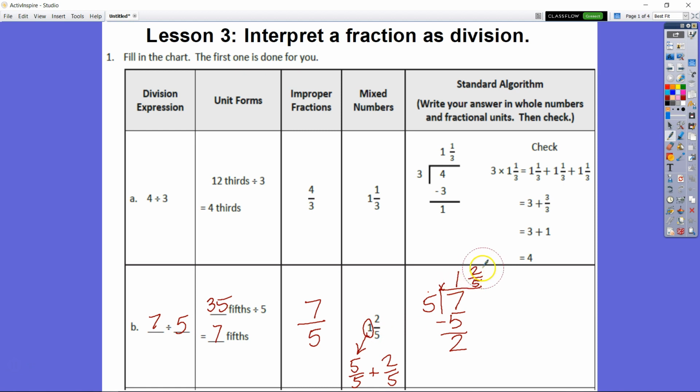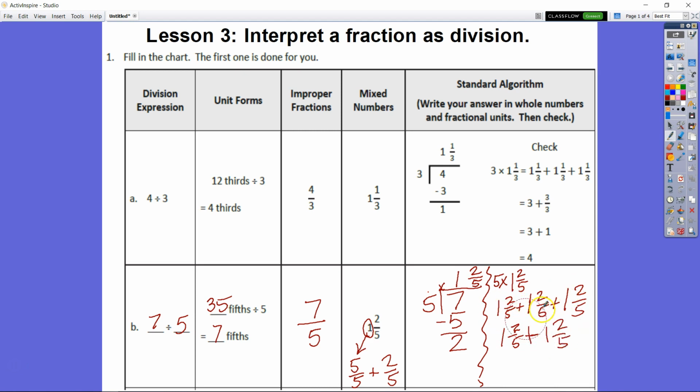So now to check, 1 and 2 fifths times 5. 5 times 1 and 2 fifths is equal to 1 and 2 fifths plus 1 and 2 fifths plus 1 and 2 fifths plus 1 and 2 fifths plus 1 and 2 fifths.